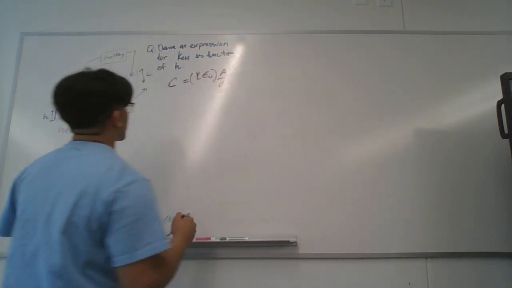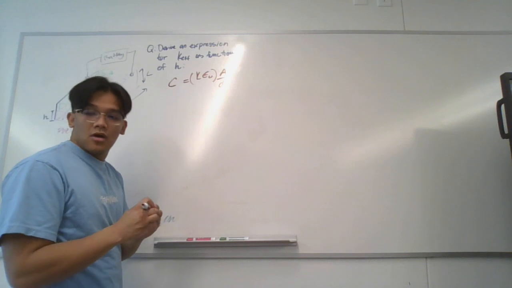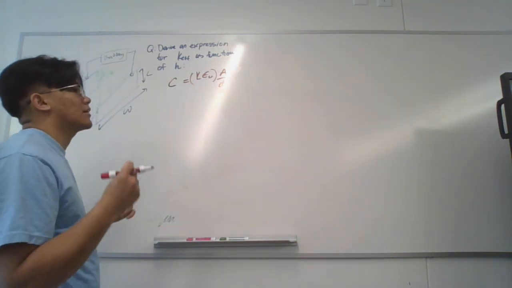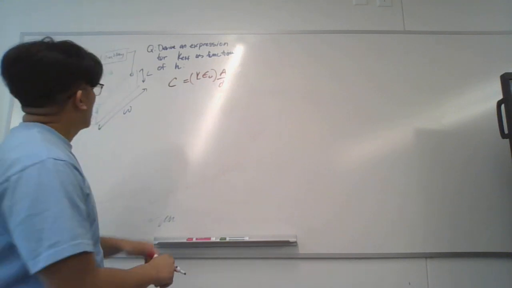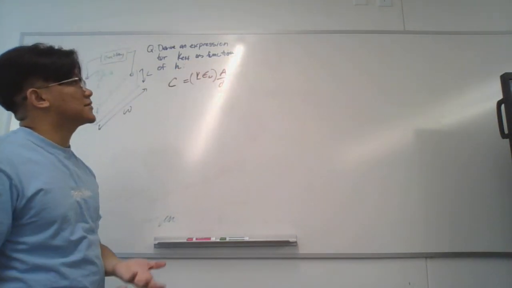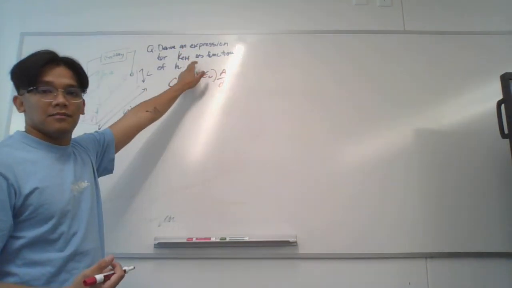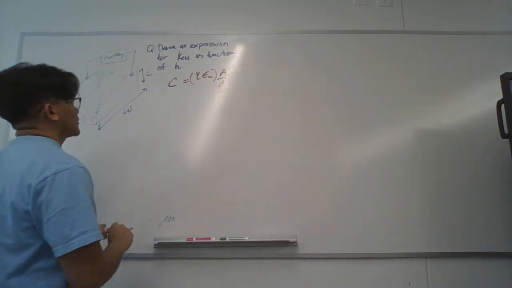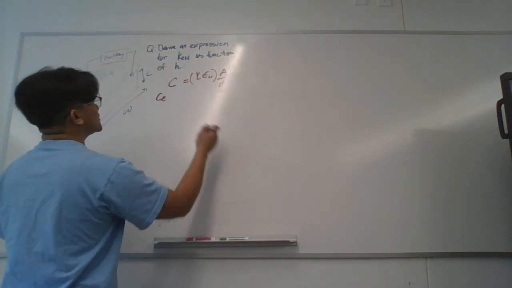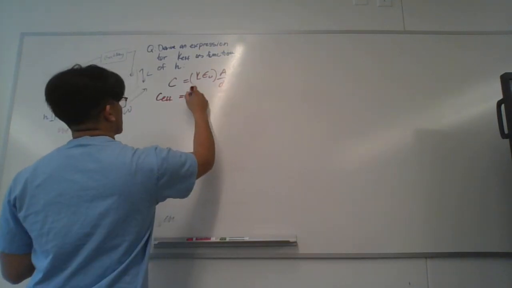Since we are looking at two capacitor plates in parallel, we can find C equivalent, the capacitance equivalence, and from that we can find the effective K.